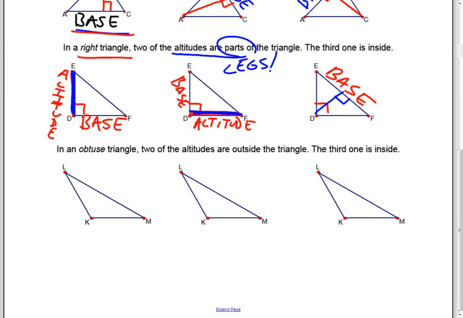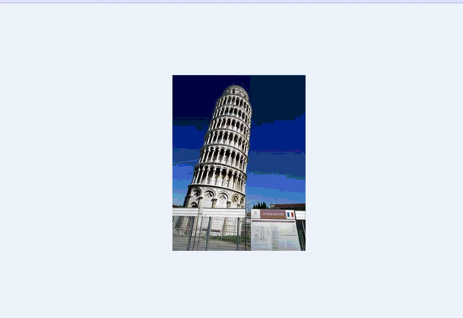If you look at that, what is that? Leaning Tower of Pisa. If you're going to measure the height of the Leaning Tower of Pisa, are you going to measure along here? What are you going to do? Create a line. I heard something.